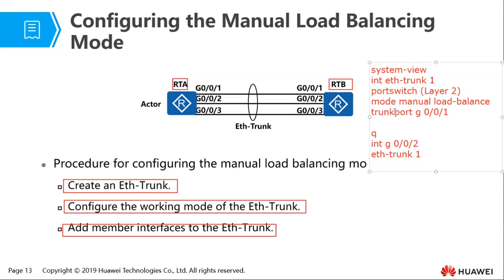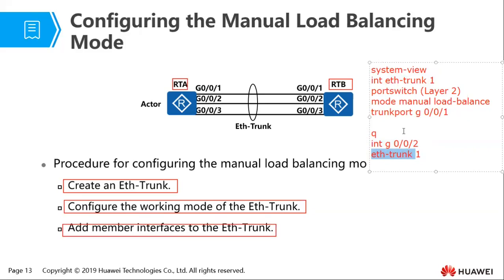That way, we will have added this particular interface G0/0/2 to Ethernet trunk 1. So those are the two ways in which you can add member interfaces to the Ethernet trunk. You can use the trunk port inside the Ethernet trunk view, or you can go into a particular interface and use the Ethernet trunk and the trunk number or ID, like I've shown you here.